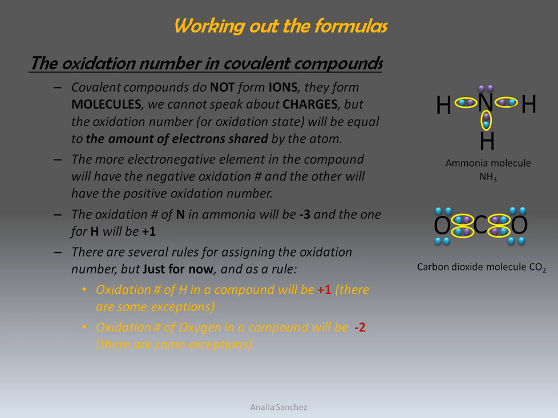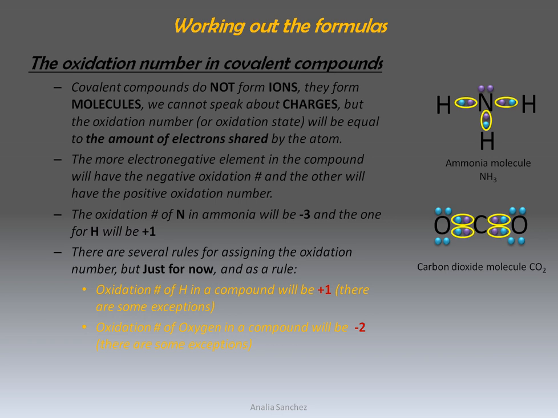In the case of carbon dioxide, we have 4 electrons for the carbon and 2 for the oxygen. We know that the oxygen is farther to the right on the periodic table than carbon, so oxygen will be more electronegative. So in this case, the oxygen will be sharing 2 electrons, so the oxidation number will be 2, but since it's more electronegative, it will be -2.